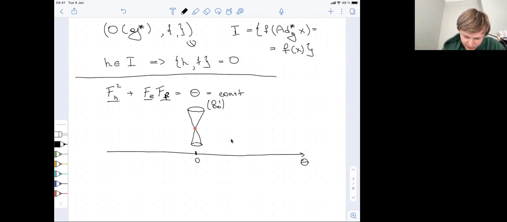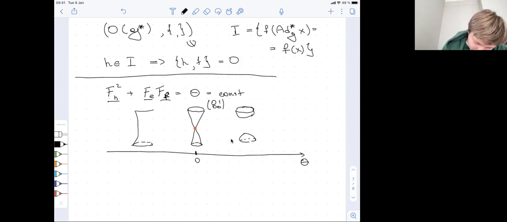And if theta is positive, I guess you have, well, this is a real picture of course, something like this. And when theta is less than 0, you have some hyperbolas, I guess.